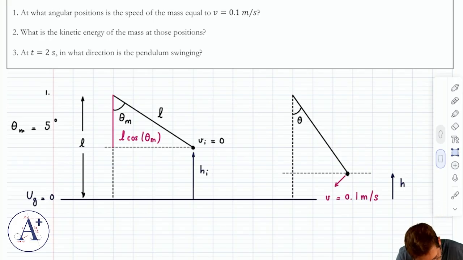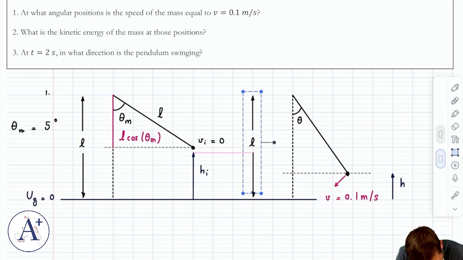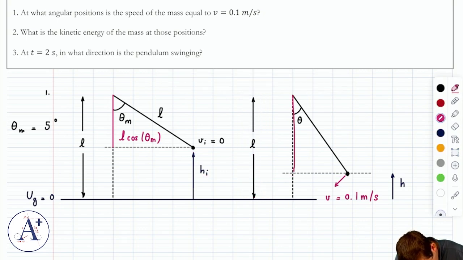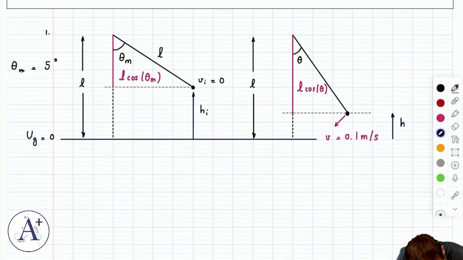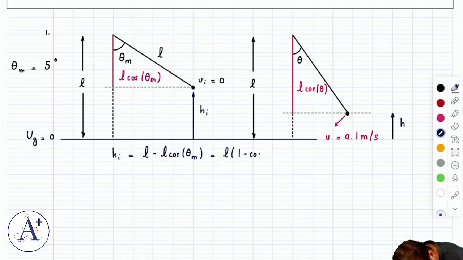The same logic applies here. All of this is L, yes. This length here is going to be L cosine of theta, which means that h initial is L minus L cosine theta m, which we typically write L(1 minus cosine theta m).